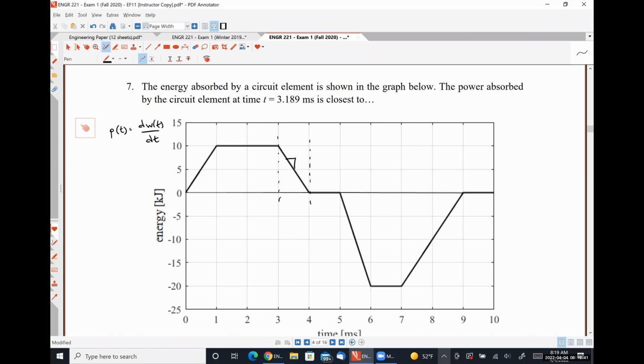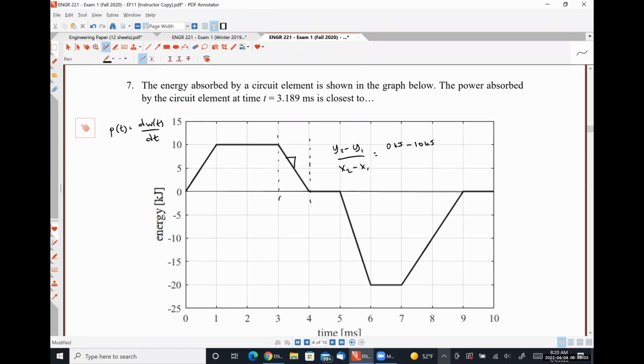So we see a change. It's the change in y over the change in x, right? So y2 minus y1 over x2 minus x1. Y2 in this case is 0 kilojoules minus 10 kilojoules over 4 milliseconds minus 3 milliseconds.